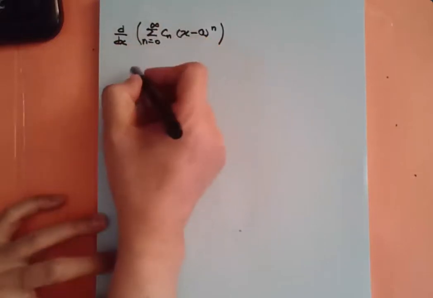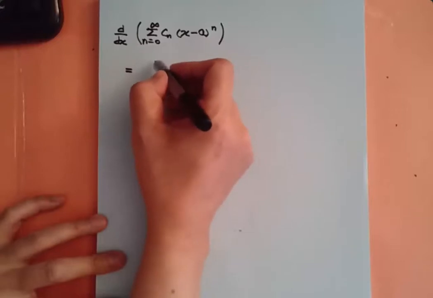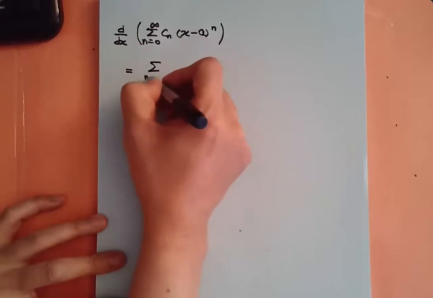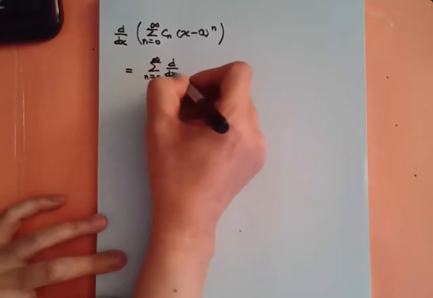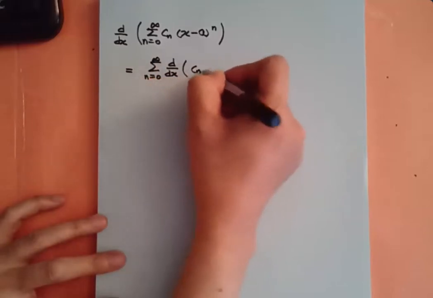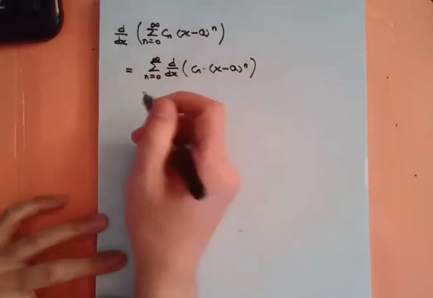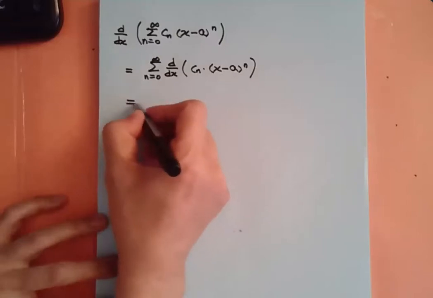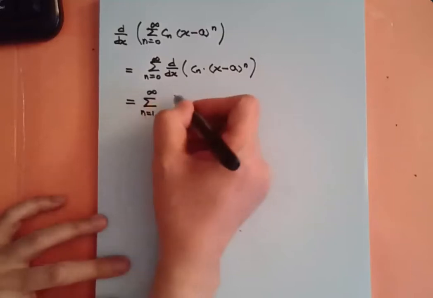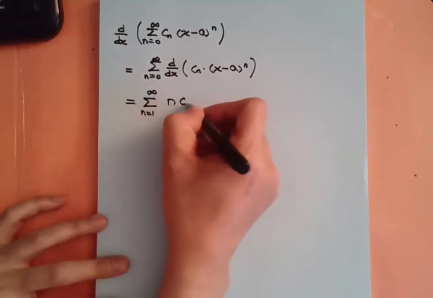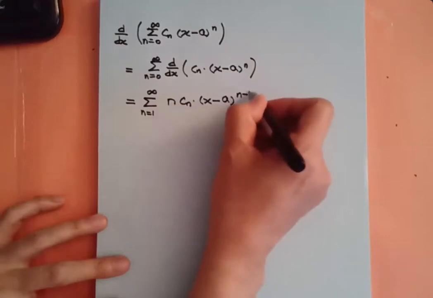What I told you last time was that when we differentiate that power series, we can do term by term differentiation. So if we do, then that becomes n times Cn times (x minus a) to the n minus 1 power.